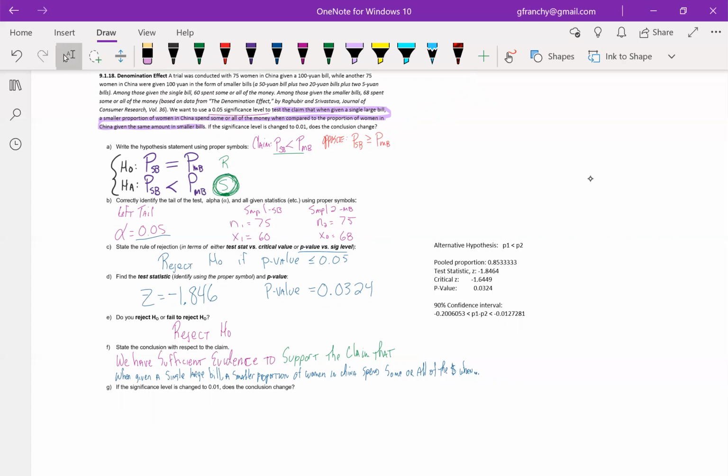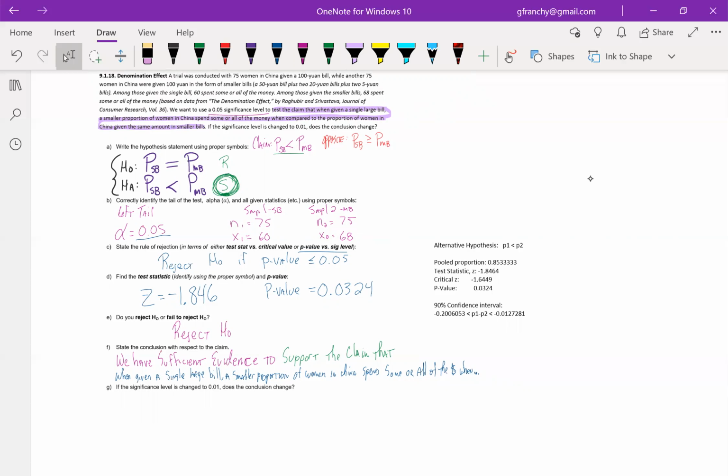That's what this is saying seems to be the case, is that you're less likely to spend the money if you've got the single larger bill. You can reverse that. You're more likely to spend some or all of the money if you're working with smaller bills, even if the grand totals are the same in both. But they're saying that how you have that money affects whether you're likely to spend it.